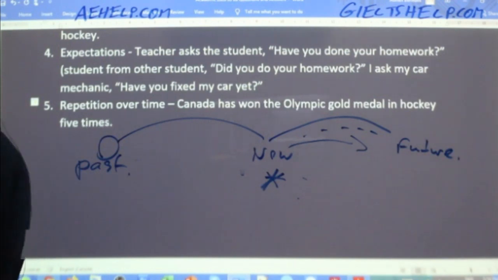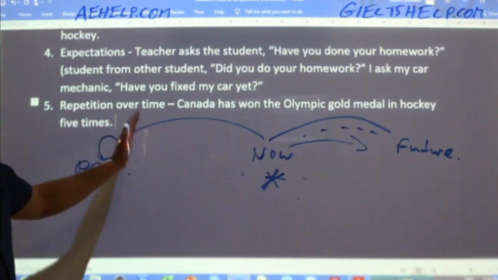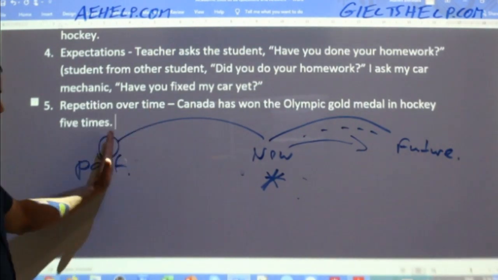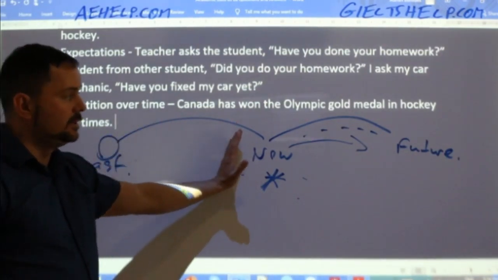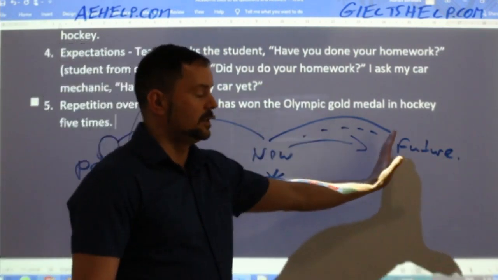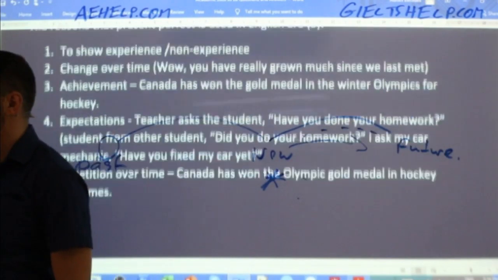Okay, so this is telling your listener that there's repetition of the event happening over time. So in the past, Canada won gold in hockey. They won it again and again and again, and probably in the future, they will win at least a few more times. So that's your repetition over time.